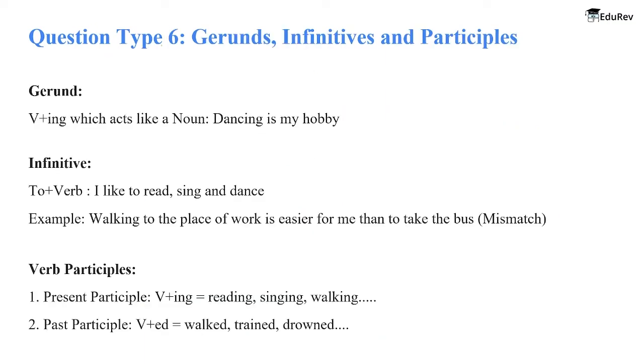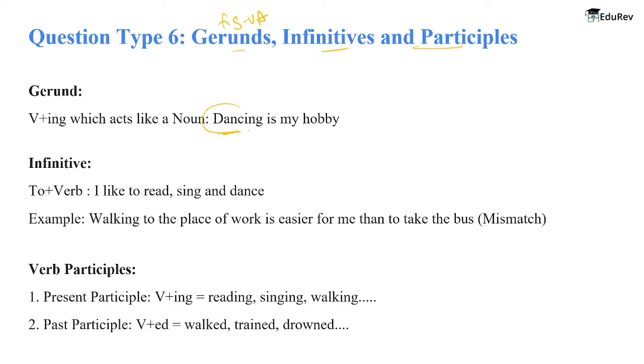So the last question type is gerunds, infinitives and participles. We have talked about gerunds in the subject verb agreement. Alright, a gerund is the verb plus ing which acts as a noun, like dancing is my hobby.